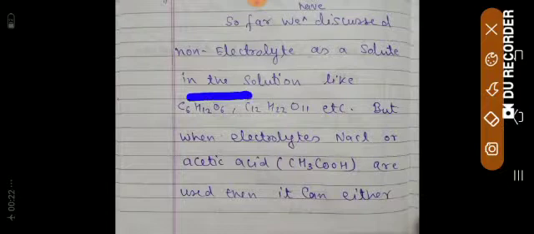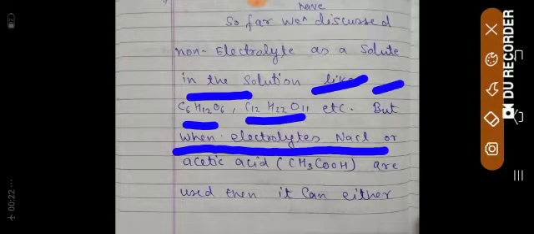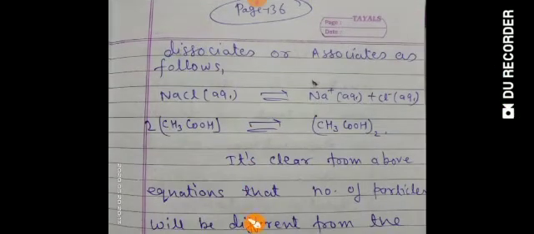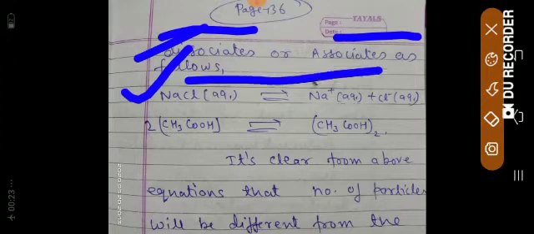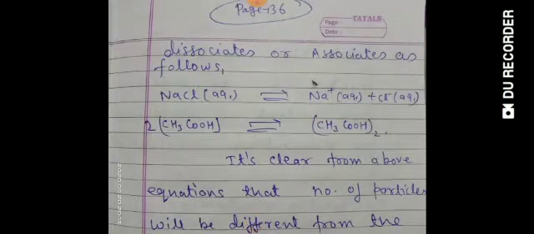But when electrolytes like NaCl or acetic acid are used, they either dissociate like NaCl or associate as follows. What is the reaction? NaCl aqueous changes to Na plus aqueous and Cl minus aqueous. Acetic acid, 2 moles, becomes 1 mole, half mole, that is the dimer. Okay, so read the original statement.